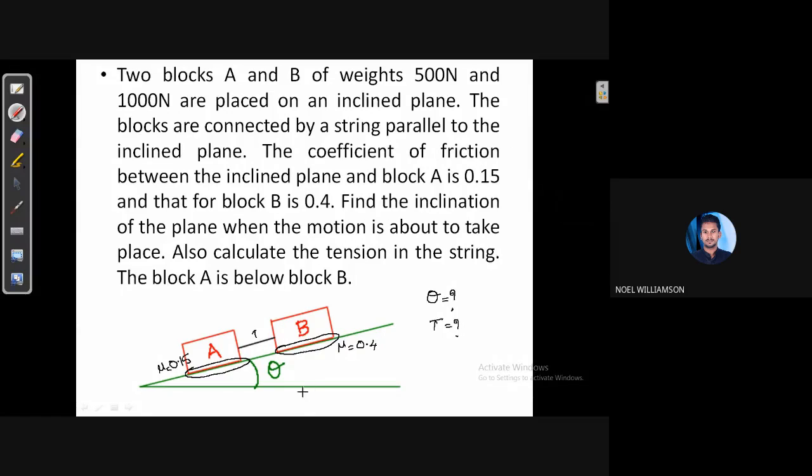So in order to find these values, we can consider the free body diagram of each case. Okay.